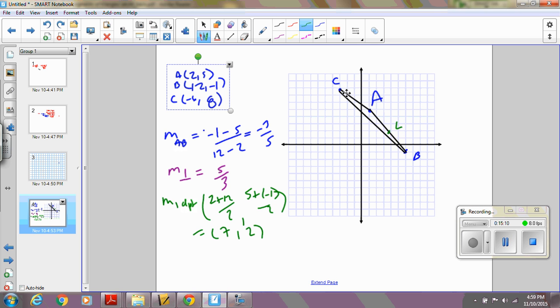So leaving from C, if I were to continue extending line AB, if I extended it this direction, let's say, and I leave from C and form a 90-degree angle, that's the altitude. So this is CL.